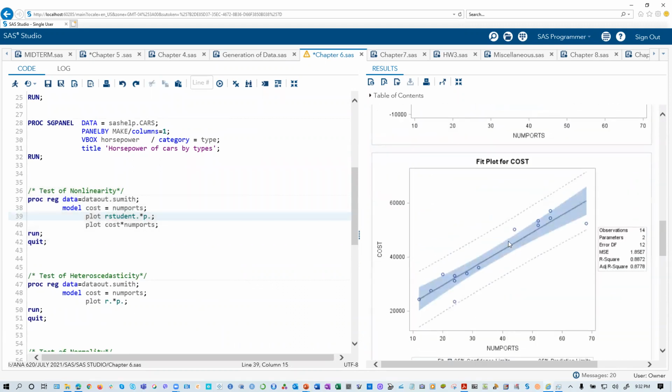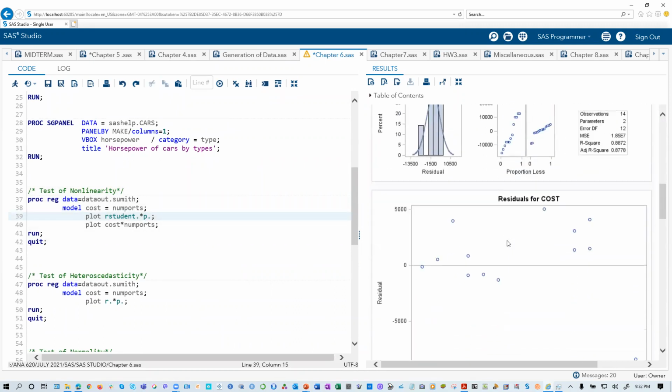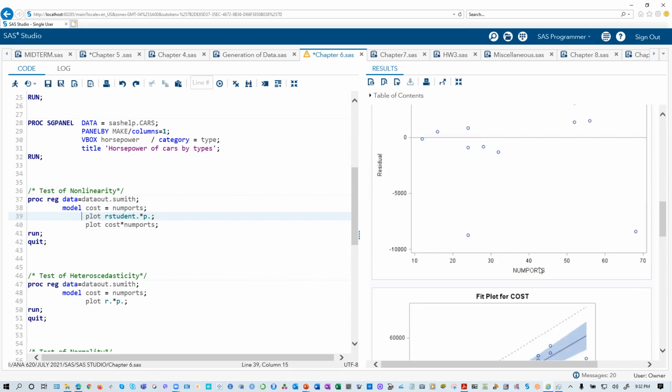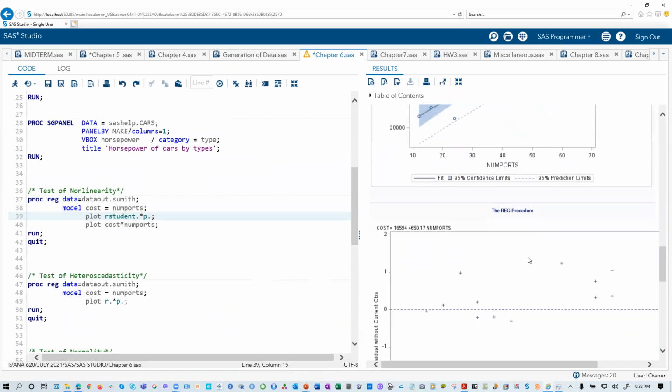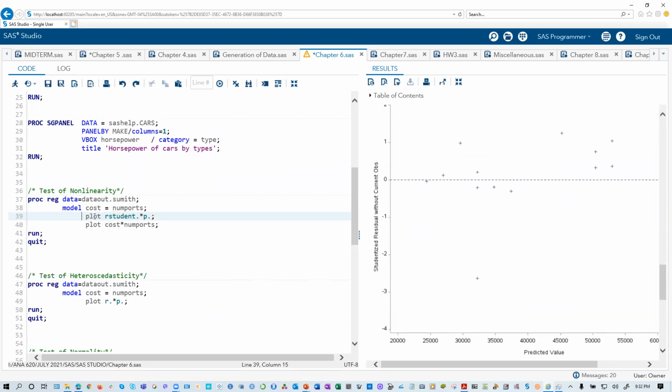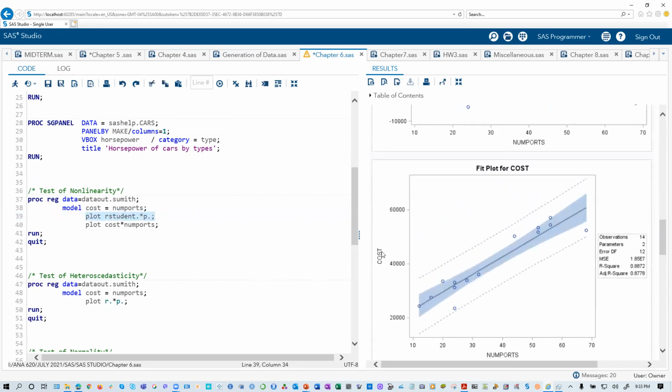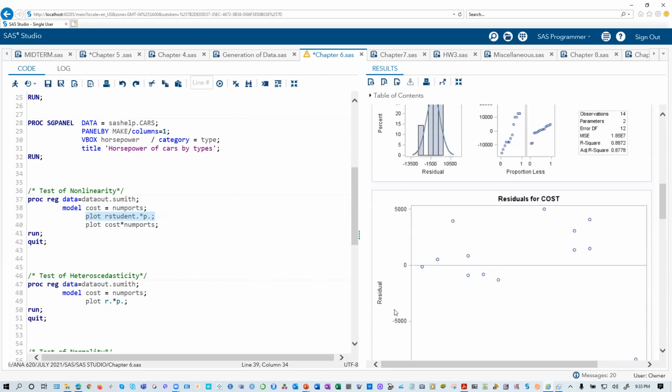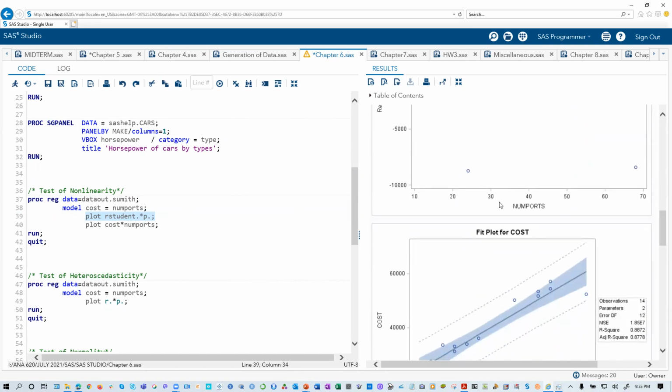This is more than enough. Residual versus x is the same as this one.